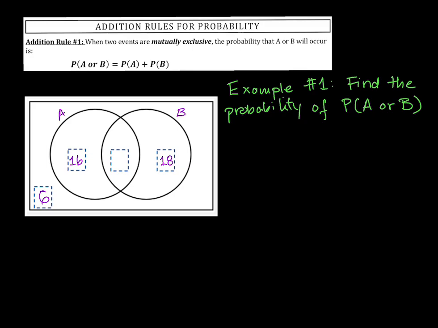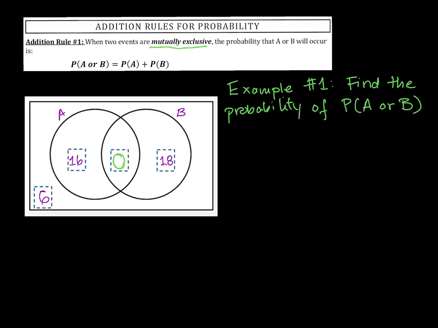There are two different addition rules for probability that we're going to see in this video. The first rule has to do with when two events, A or B, are mutually exclusive. Mutually exclusive means that there's nothing in the intersection.